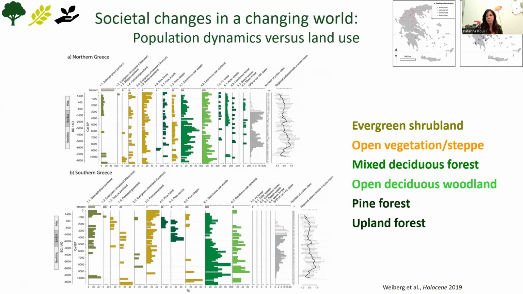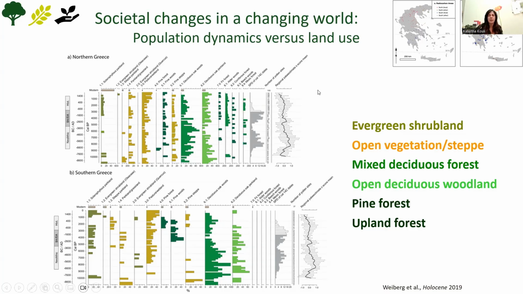If we want to take big messages, we need to use more data. If we want to speak about societal changes, about changes in culture, if we want to compare our vegetation and paleoenvironmental data with history, with archaeology, we have used regional curves.